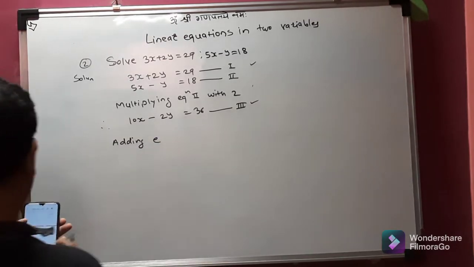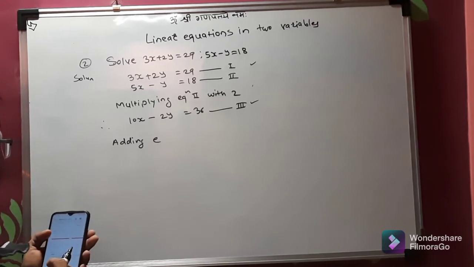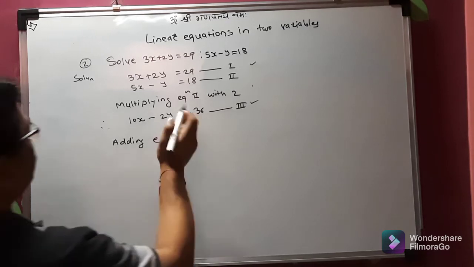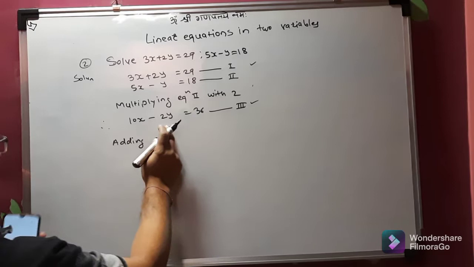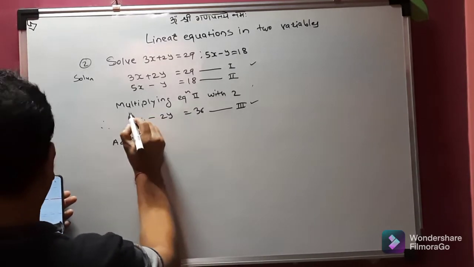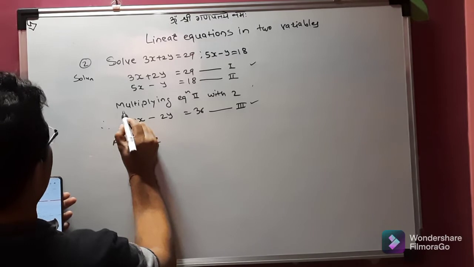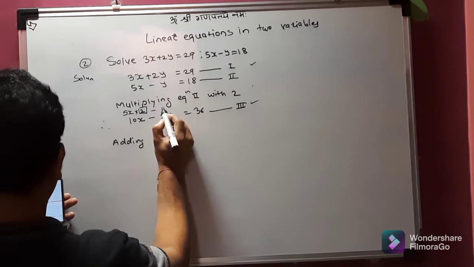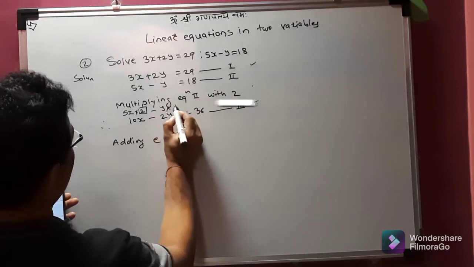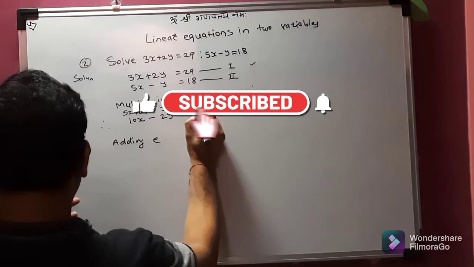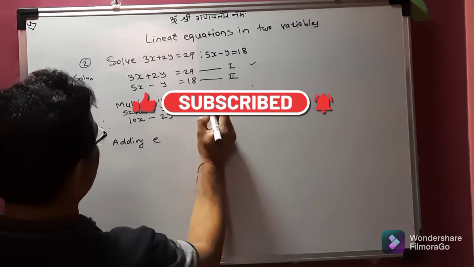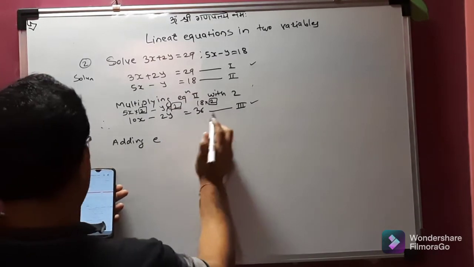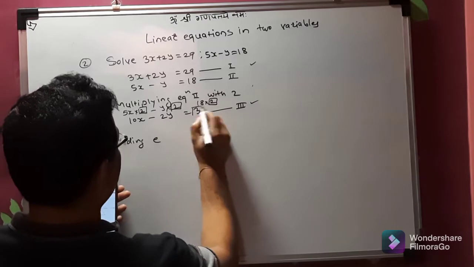So what we have done: 5x into 2, in bracket, minus y into 2, in bracket, and 18 into 2, in bracket. I have written this answer directly. Now this is 10x minus 2y, and this is 36.